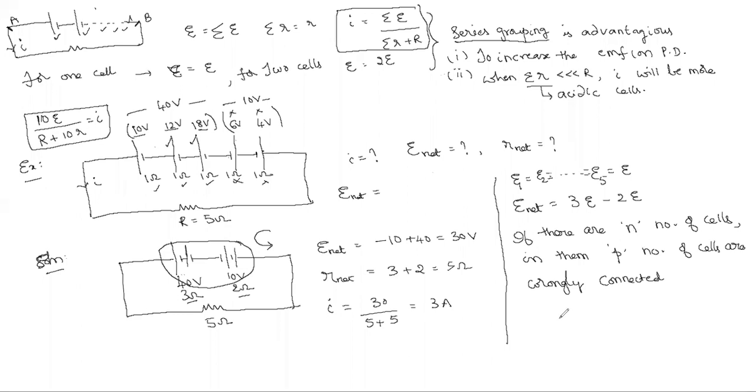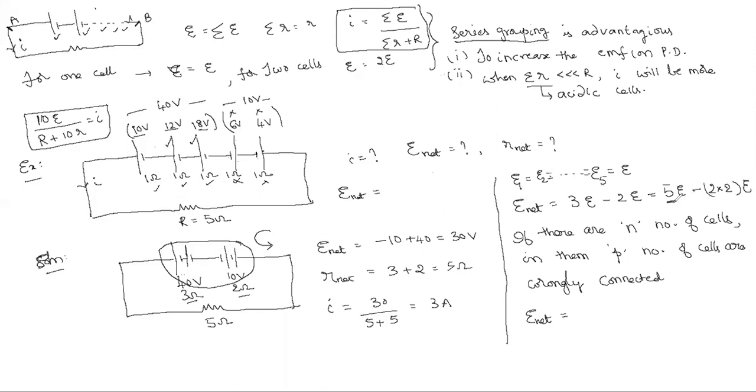Sir, n minus 2p into E. That is what I am expecting as the shortcut formula from you all. E net here is 5E, total number of cells 5, minus 2 into wrongly connected cells, 2 cells are wrongly connected in my given diagram, so 2 into 2 into E.